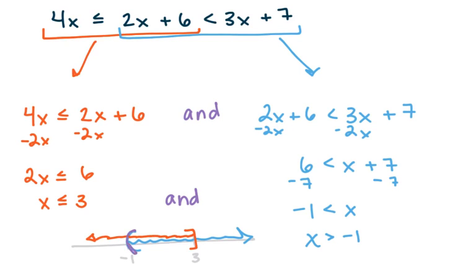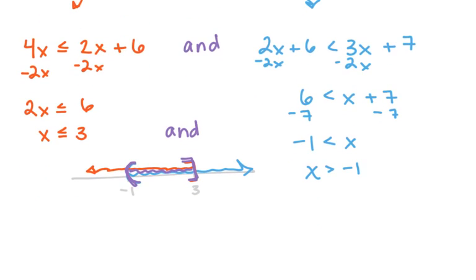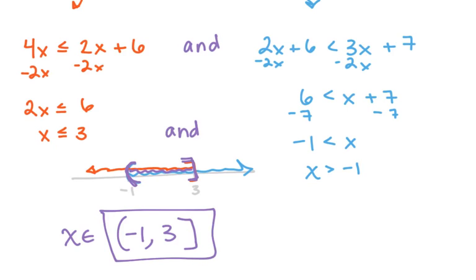And so the solution set is where the red and the blue are overlapping, and we would say negative 1 to 3. So x is an element of the set, or this interval from negative 1 to 3. And that's our final answer. So I hope you understand inequalities when they are written in conjunction.